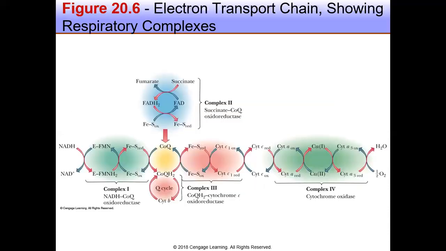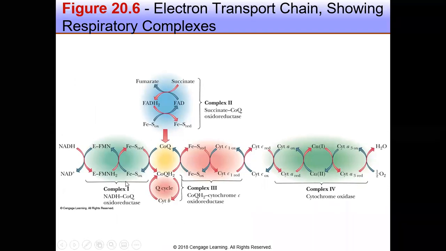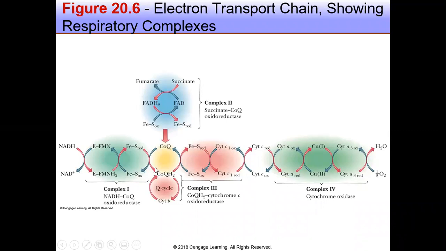Let me show you this figure. This is the electron transport chain showing all the respiratory complexes. Notice here that in the reduced cytochromes, the iron is in the Fe2+ oxidation state. In the oxidized cytochromes, the iron is in the Fe3+ oxidation state.